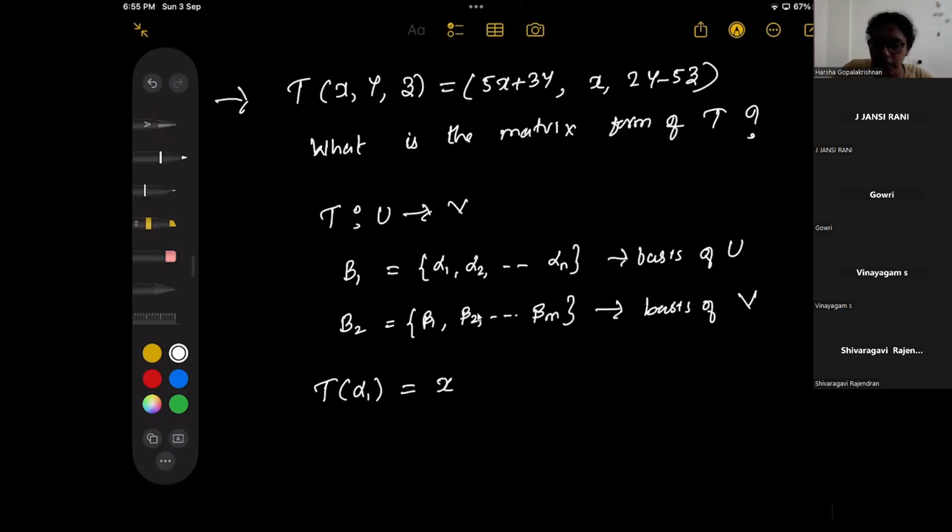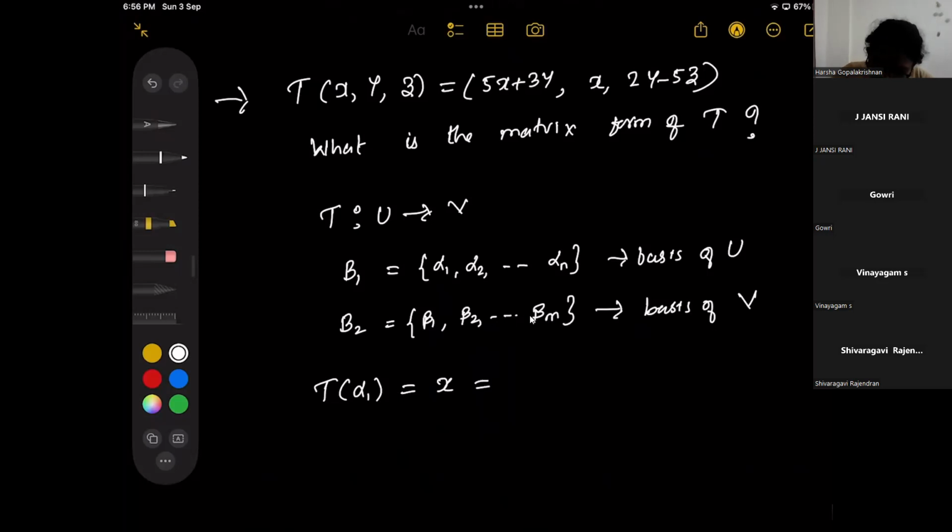Now, T is a map from U to V. So alpha 1 is an element in U and T alpha 1 is an element of V. And for V, we have a basis beta 1 to beta m. So we can write this X element as the linear combination of the elements of the basis.